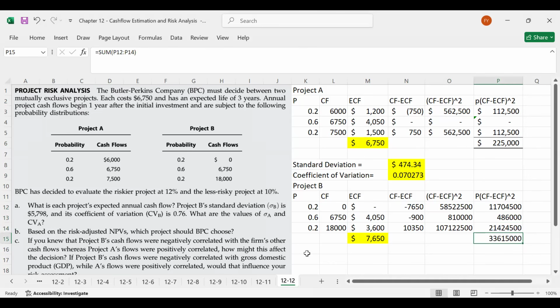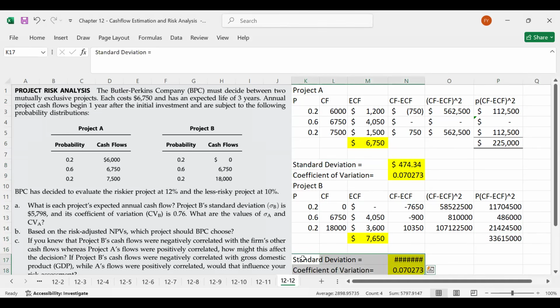So the next step is to calculate the standard deviation and coefficient of variation of project B. So the standard deviation is this one; the cell number is P15.